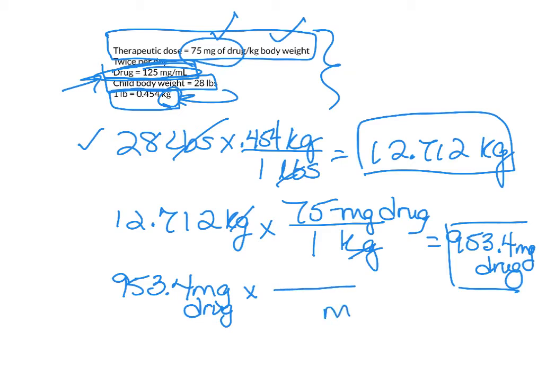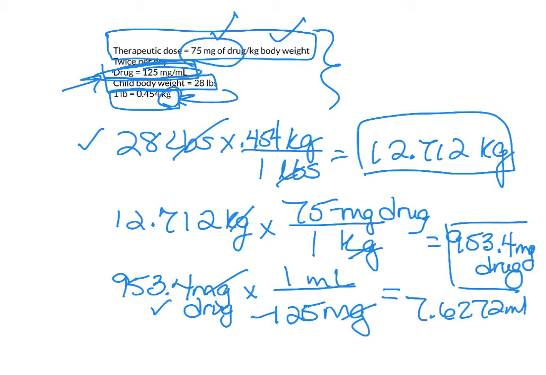So milligrams again needs to be on the bottom, and milliliters on top. And then this is going to be a division, right? So it's going to be 953.4 divided by 125, which is in the denominator. And that tells me that I need 7.6272 milliliters of the drug solution.